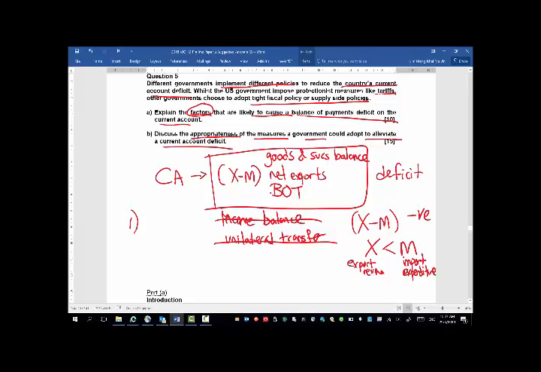What is the first factor you can think of? Roslyn, what is the first factor that can help us explain why there's a deficit on your current account?